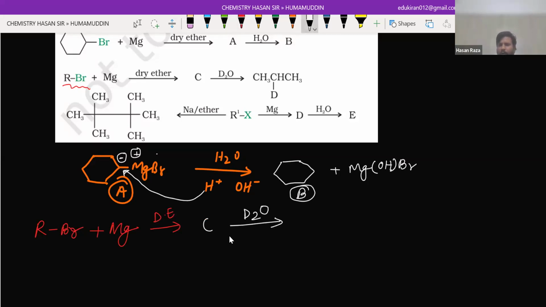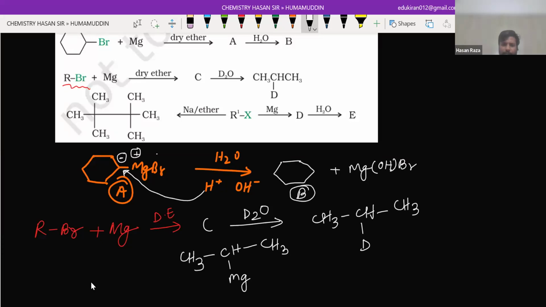D is an isotope of hydrogen, deuterium. So you are getting CH3, CH, D, CH3. So basically, what is your C? C is basically CH3, CH, Mg will be there, and CH3 is there.